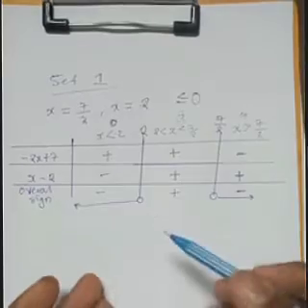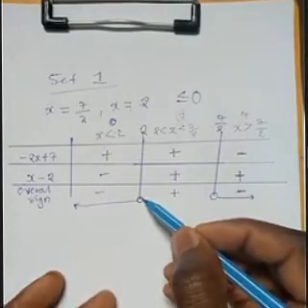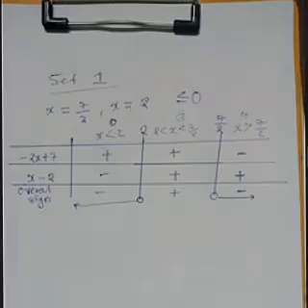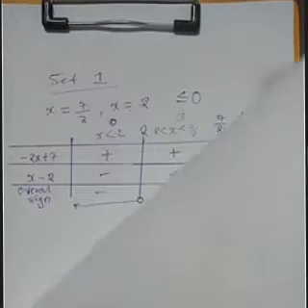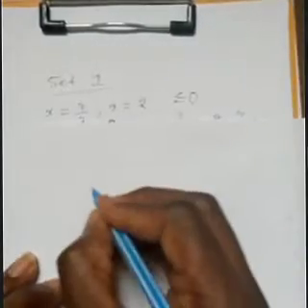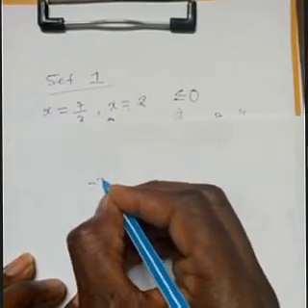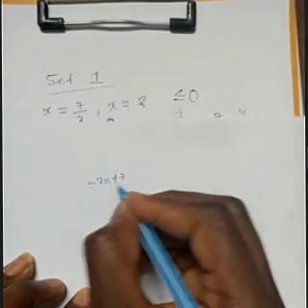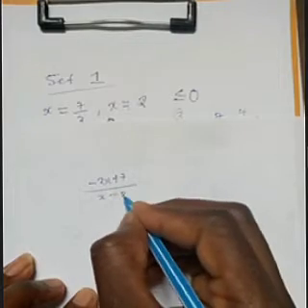Remember, initially I've used unshaded bubbles. Why? Because I want to identify which one is going to carry a shaded bubble and which one I should ignore. So if you get back to this, we have something like this. We are having negative 2x plus 7 over x minus 2.